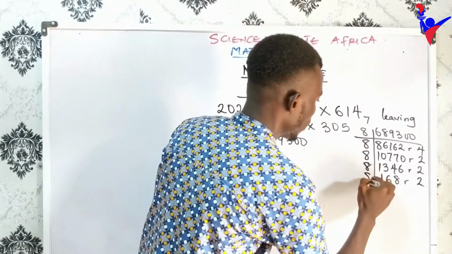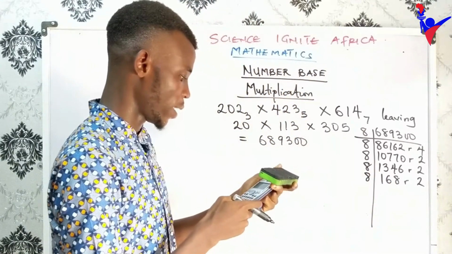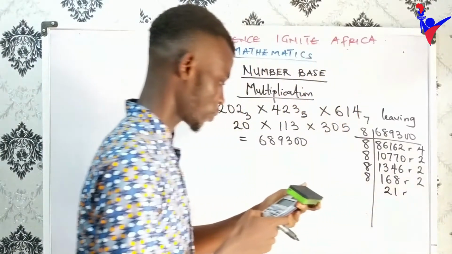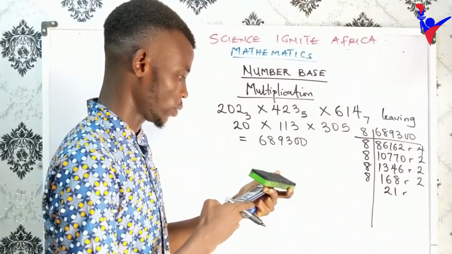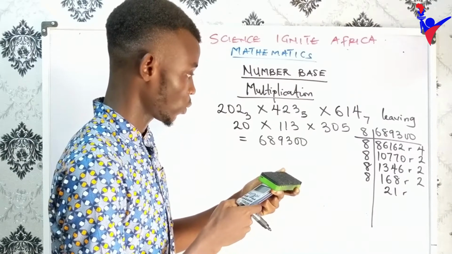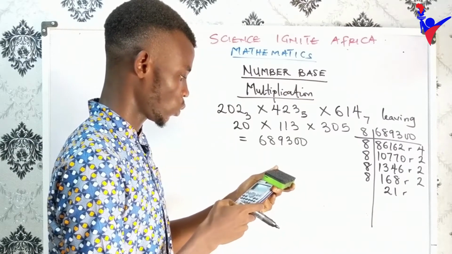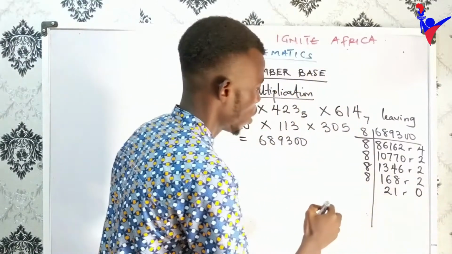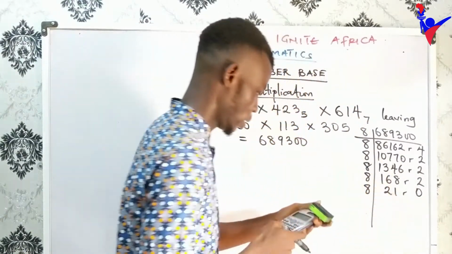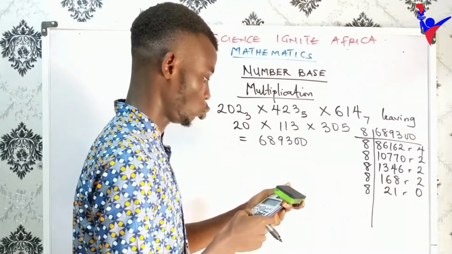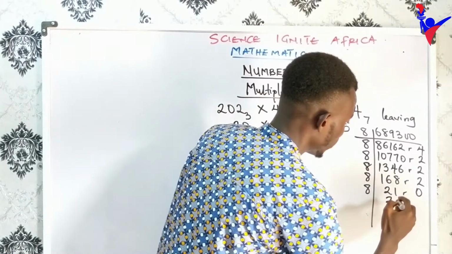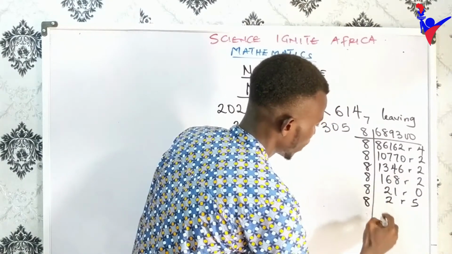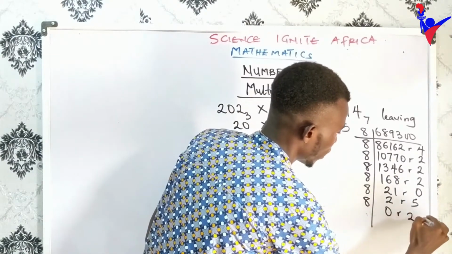Then let's go again. 168 divided by 8 is 21, remainder 0. Alright, going again, 21 divided by 8 is 2, 2 times 8 is 16, remainder 5. And when we now have 8 again, that will be 0, remainder 2.